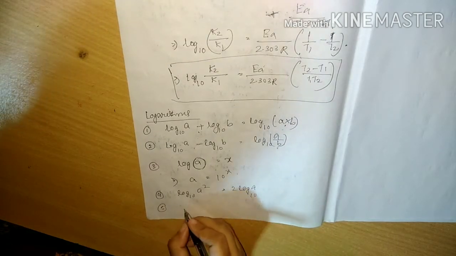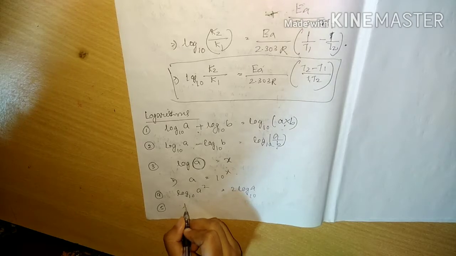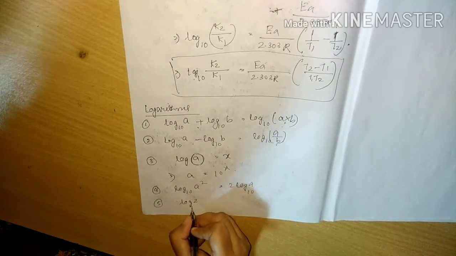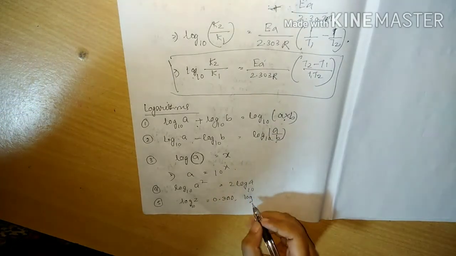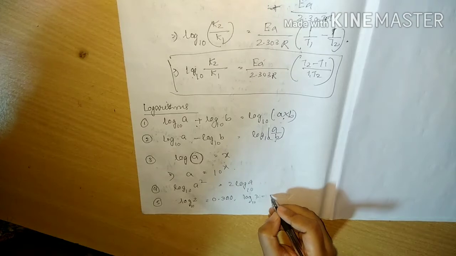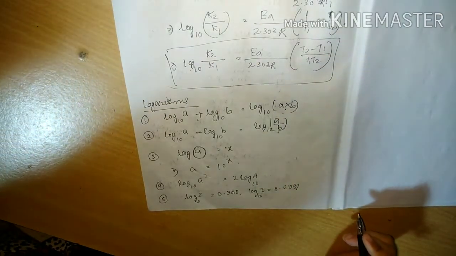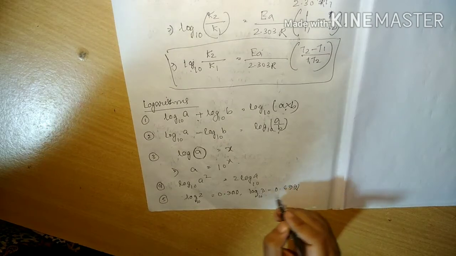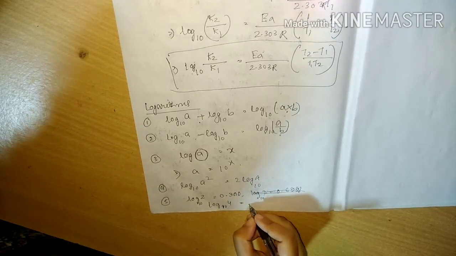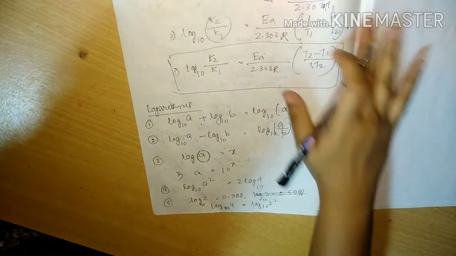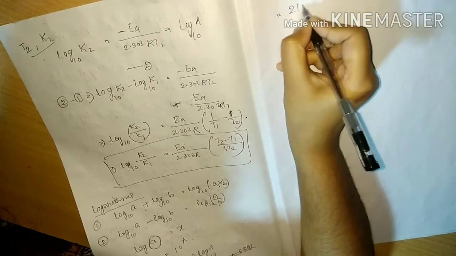One more rule. I am giving some values: log 2 base 10 has the value 0.3010, and log 3 has the value 0.4771. Then log base 10 of 4, you can find by log base 10 of 2 square, which we can write as 2 log 2.